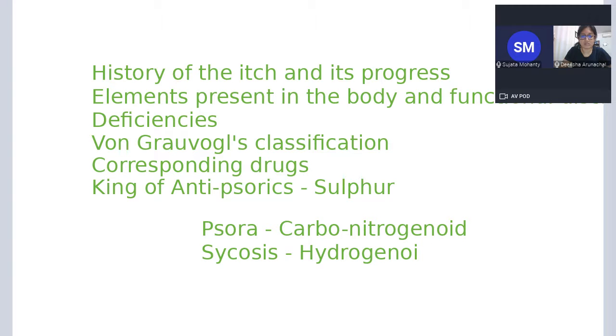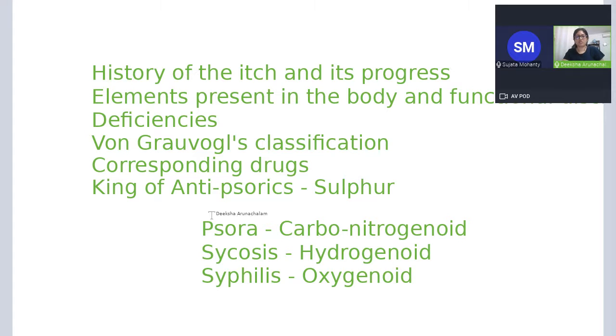Lot of typos. Okay, so if you can understand the concept, then you know that you don't have to ever learn this by heart. You'll never get it wrong. So that's how Psora, psychosis, syphilis correspond with von Grauvogl's classification.